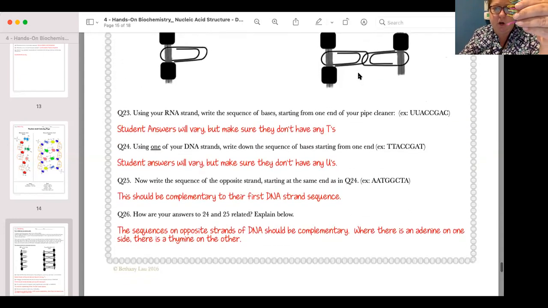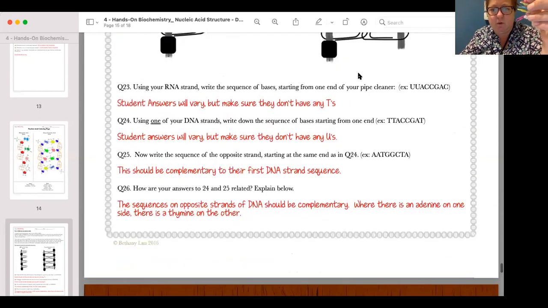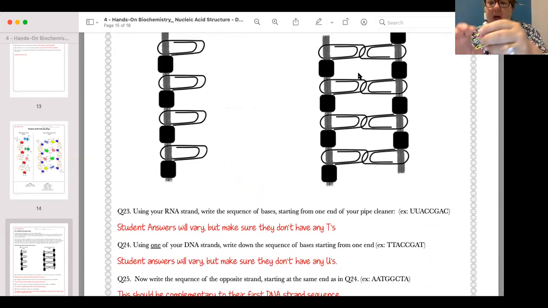So using your RNA strand, okay, we're going to stop here. I'm not going to continue on with RNA. Just know that there's a different nitrogenous base called uracil here. And that it looks like half of a DNA. Okay, and we'll study more about this in another module.